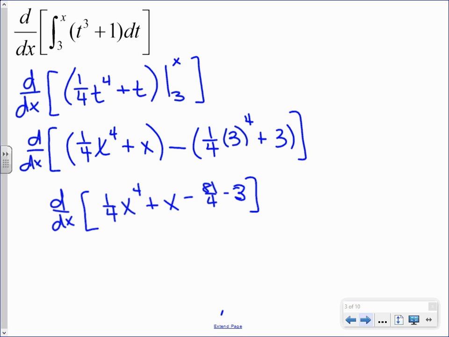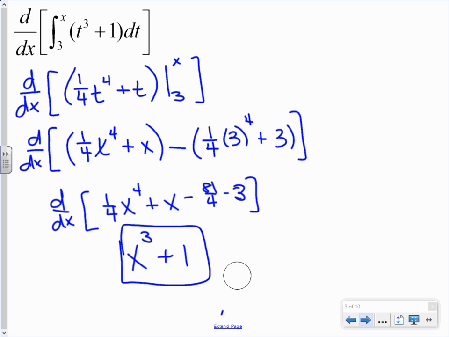So do you see how we were in terms of t, we plugged in our limits of integration, 3 to x. Now we're taking the derivative with respect to x. Well, the derivative of this is 4 times 1/4 x cubed plus the derivative of x is 1 plus the derivative of constants are 0. We get x cubed plus 1. Don't do that every time. That is a waste of time.